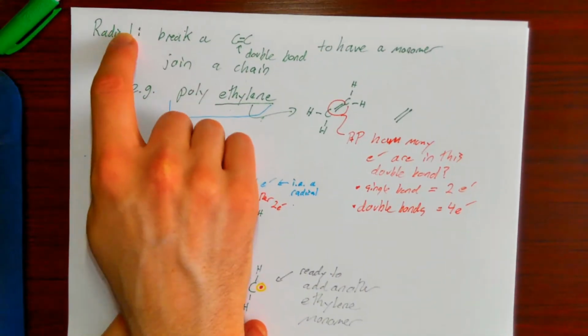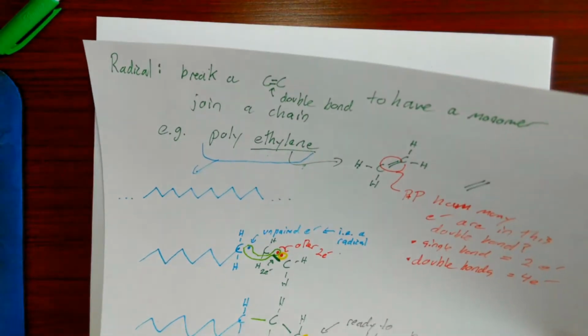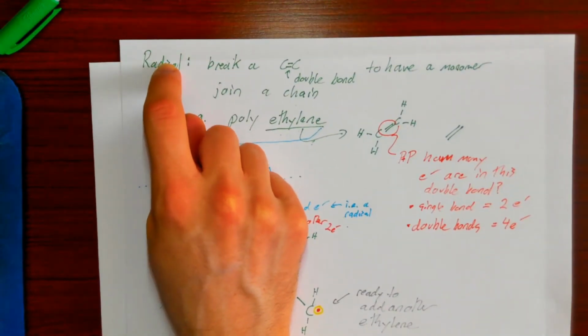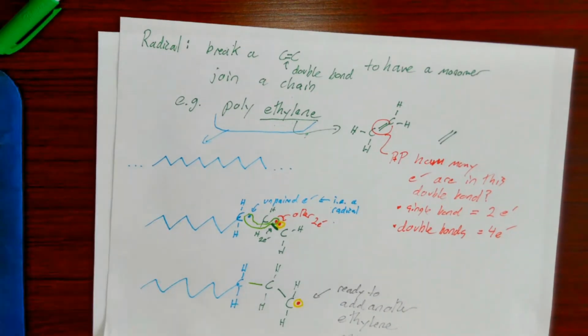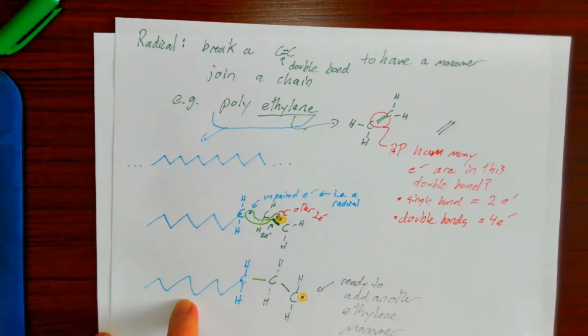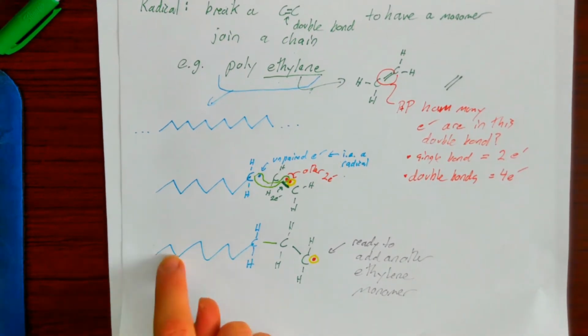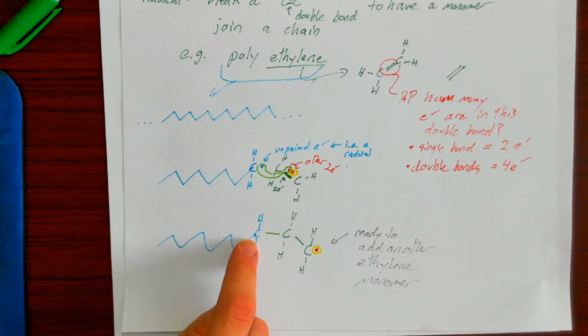So what's the key thing? How might you identify a molecule that's made via radical polymerization? The key feature is noticing that the backbone of the polymer is entirely made of carbon single bonds, right?